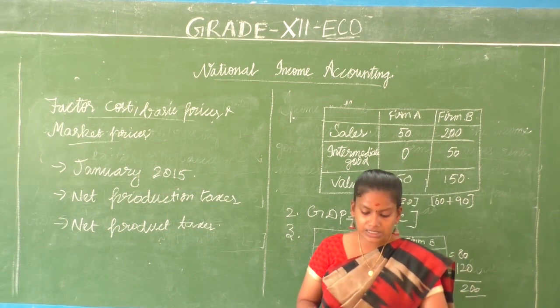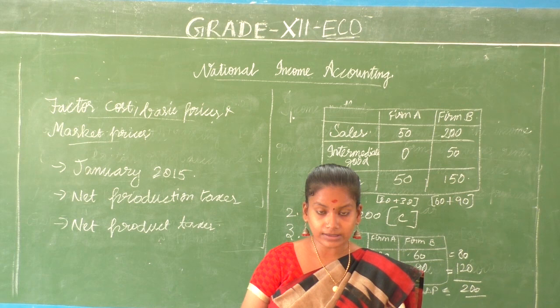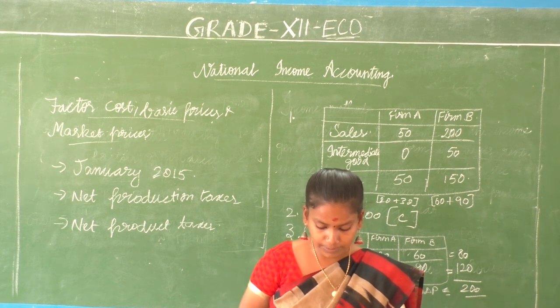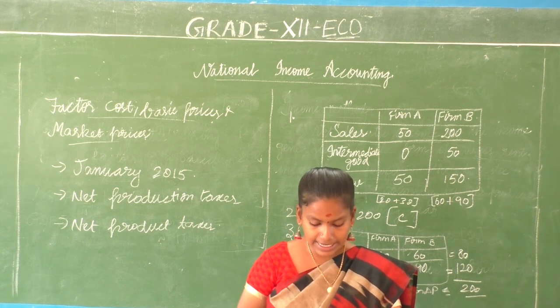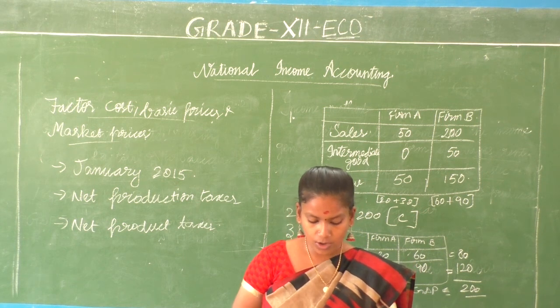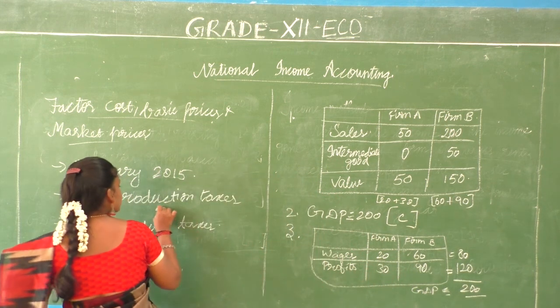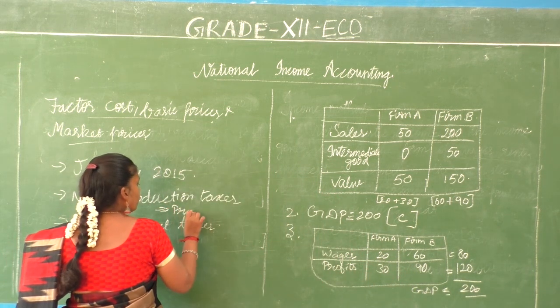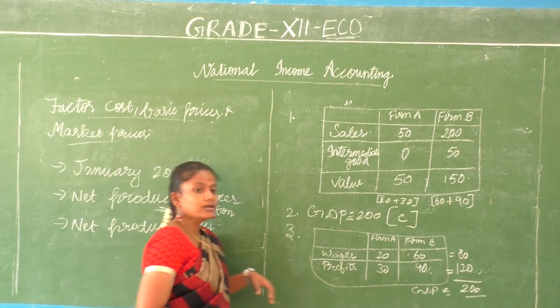It means production taxes less production subsidies, and net product taxes means what? Product taxes less product subsidies. Production taxes and subsidies are paid or received in relation to production. It is related to the production of goods and services.